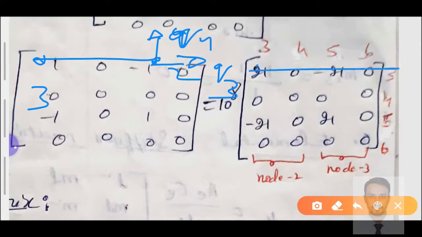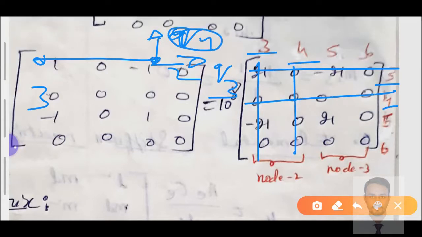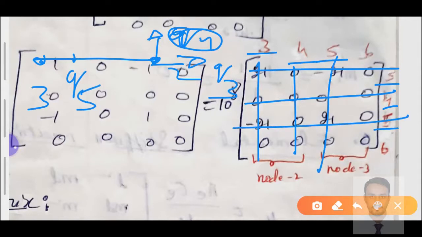Row number 1 and column number 1 is given as 3 and 3. It is the first row first column name. Second row second column name is 4 and 4. Why? That is the characteristic of node number 2 along the y-axis. For the characteristics of node number 3 along the x-axis, we have Q5. Third row third column is given as 5 and 5.